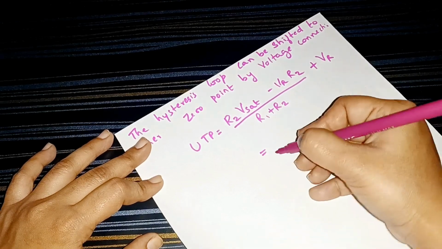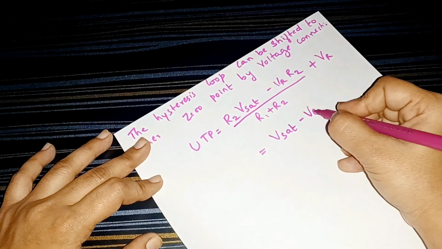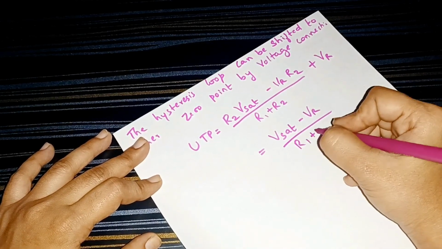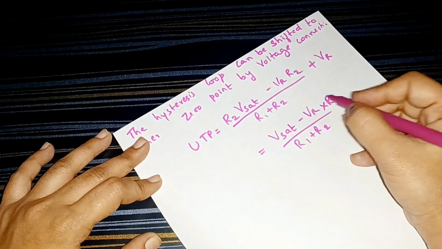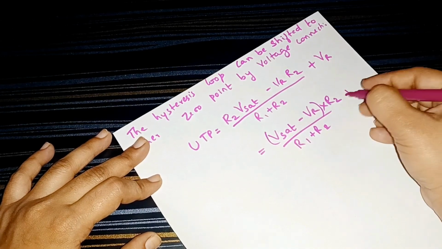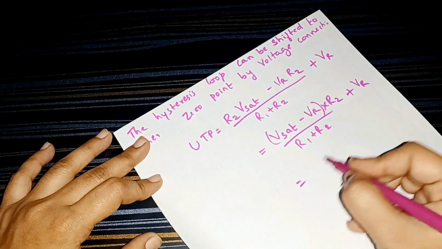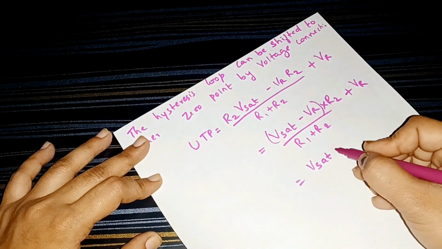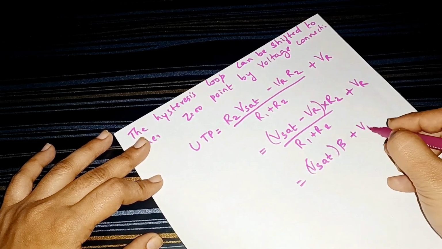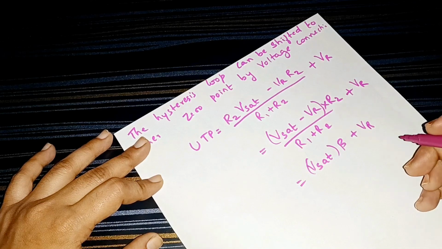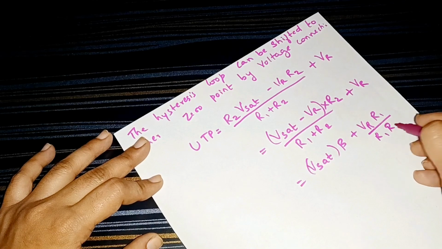Here we can take R2 common, so we get Vsat minus VR, that is the voltage reference, times R2 over R1 plus R2, plus VR. We know that beta equals that, so UTP equals beta Vsat plus VR R1 divided by R1 plus R2.